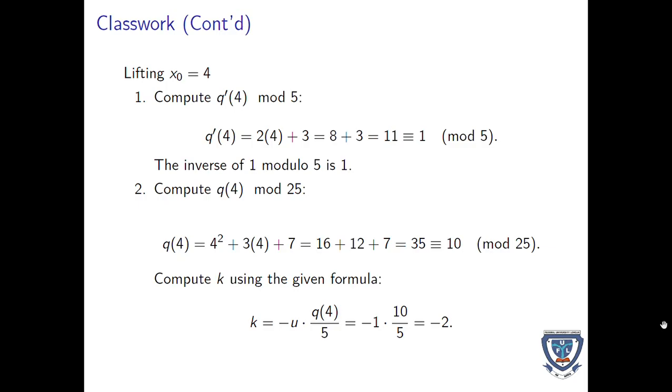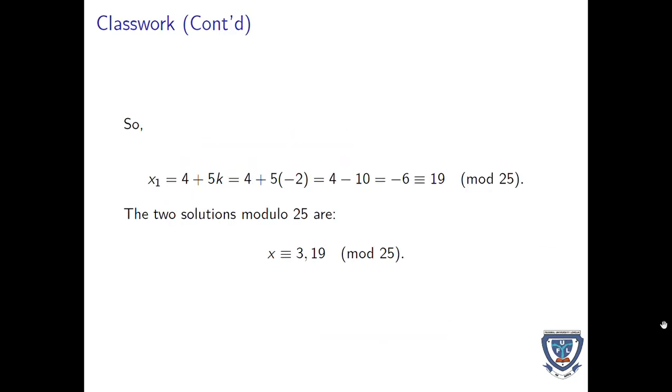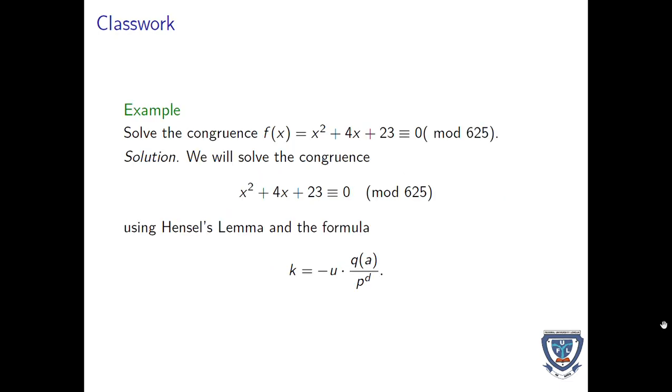Computing our k, we are going to get minus 2. So x1 in this case is going to give us minus 6, which is the same thing as 19 modulo 25. Therefore, we have two solutions, and they are x equal to 3 modulo 25 and x equal to 19 modulo 25.